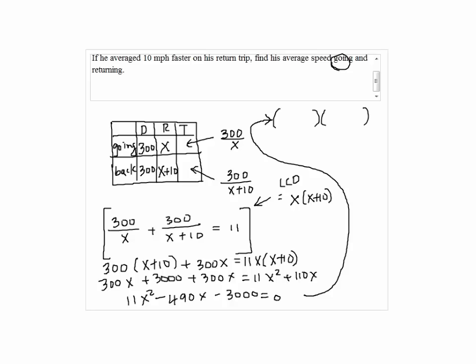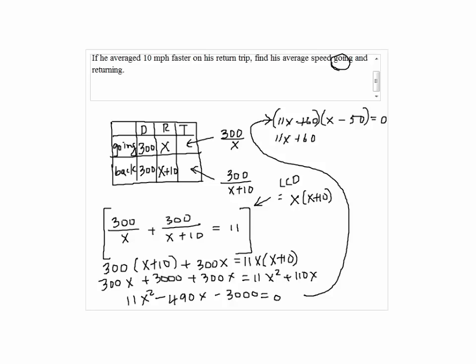So we can factor that as 11x plus 60 times x minus 50 equals 0.